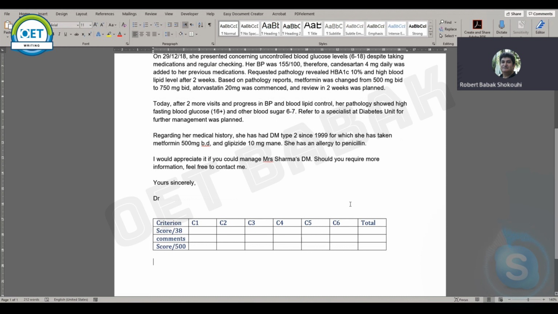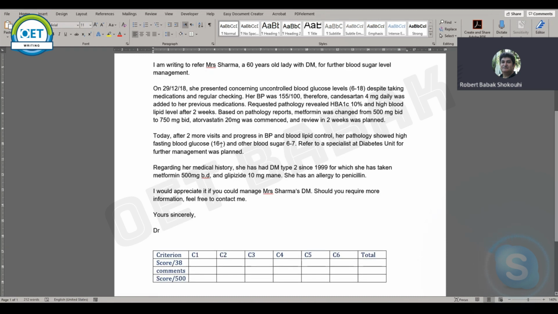So we've got 2 points here. And then we have said later here that this is actually her fasting glucose is 16 plus. So we have expanded, so we'll get 3 marks here. About the content, we will see later that some content is actually missing, and we will discuss that later.